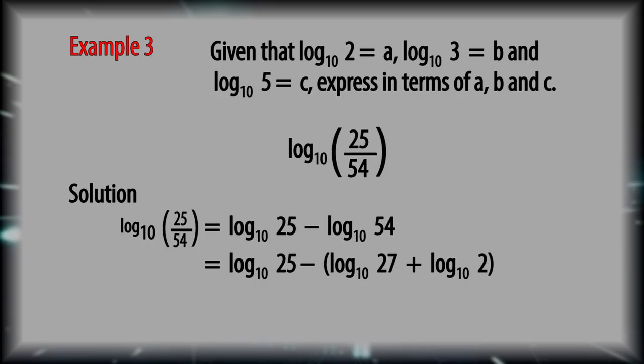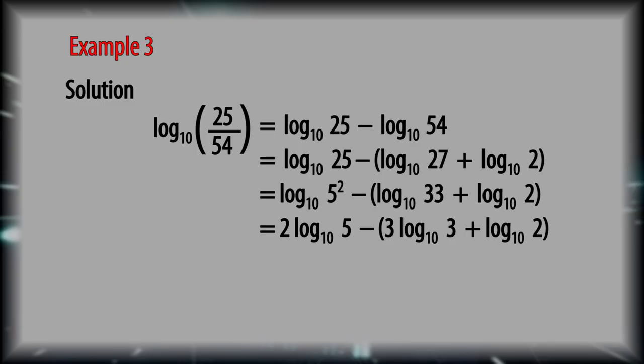We are now using the first rule that we learnt. We are going to change our big numbers to indices with smaller bases. So we'll have log base 10 of 5 raised to the power 2 minus, in brackets, log base 10 of 3 raised to the power 3 plus log base 10 of 2. Then our index numbers will come to multiply our logs.